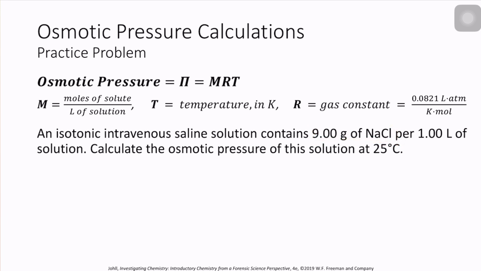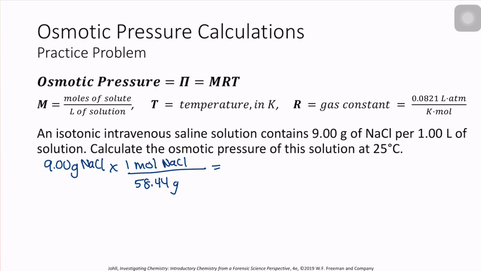So I'm going to take my 9 grams of sodium chloride and I'm going to use the molar mass to change it into moles. And the molar mass of sodium chloride is 58.44 grams. So I can calculate the number of moles I have.